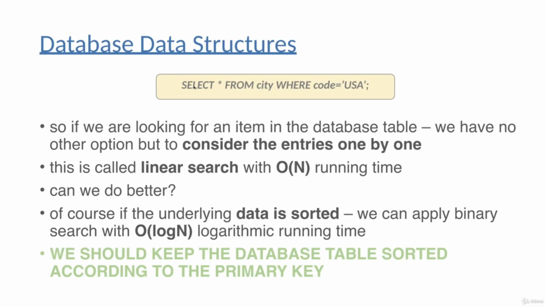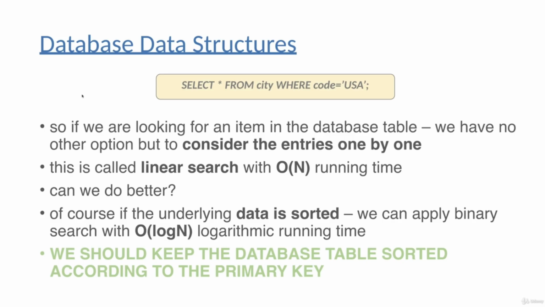Okay, so if we have a query like this, we select every column from the city database table where the country code is equal to the United States of America, what's going to happen? If we are looking for cities where the country code is equal to the USA, then we have no other option but to consider the entries one by one.